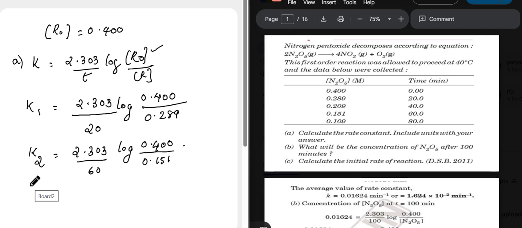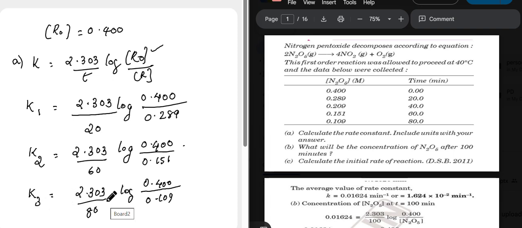Now one more value for K we can find out because different data is given. Let me take 80 minutes. Why am I taking 80 minutes? See, these are the time intervals given here. From those we take the time, the corresponding R value also, and calculate K. R0 is always the same because it's the concentration at 0 minute, and R is 0.109. So another K value you will get.